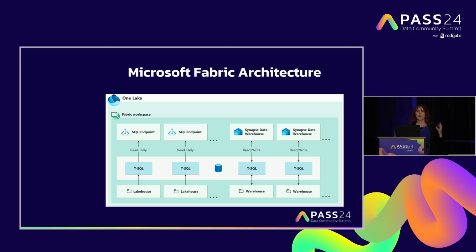You have one lake per tenant. And the one lake is a fancy ADLS Gen 2 that you can't control. But you pay for the storage, and it's only $28 a terabyte a month, so it's not terrible. But it's optimized for database performance.